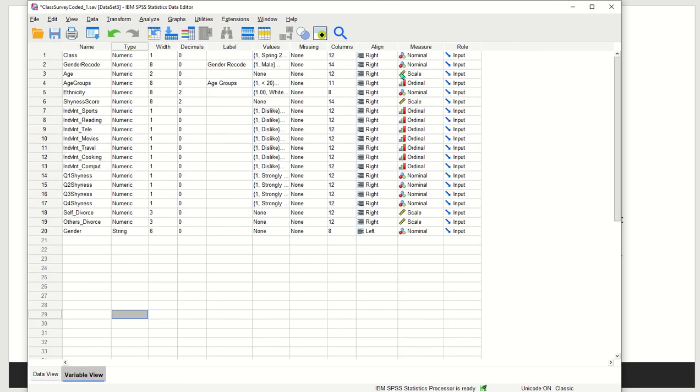In SPSS, you can tell what scale level data is with these little rulers. Scale level data in SPSS are continuous variables or ratio or interval type data, like age, Fahrenheit, money values. That would be scale level data or interval ratio values.